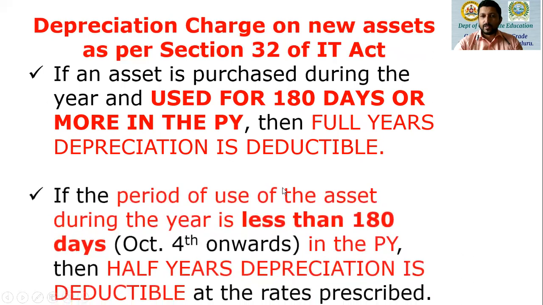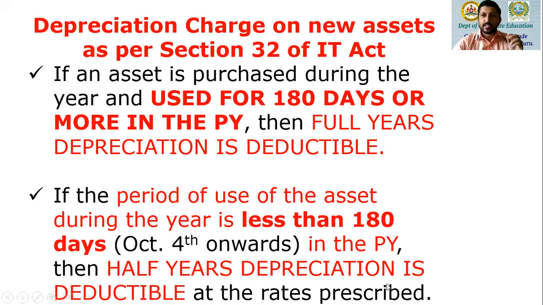But if the same asset is purchased and the period of use of the asset is less than 180 days, suppose the business is purchasing an asset from October 4th onwards. So from October 4th till 31st of March, the total number of days is around 178, 179 days. And definitely it is less than 180 days in the previous year, then half year's depreciation is deductible at the rates prescribed. So let's understand this very clearly.